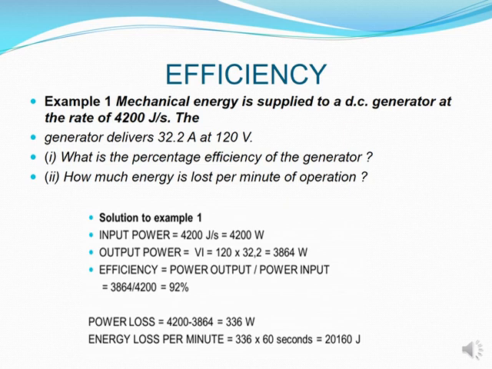And then the energy per minute means that you take the power and you multiply it by the minute, and the minute is in seconds. So we know that 1 minute is equivalent to 60 seconds. So therefore, you would have your energy loss per minute being 20160 joules, which you can obviously divide by 1,000 and say is 20.16 kilojoules.